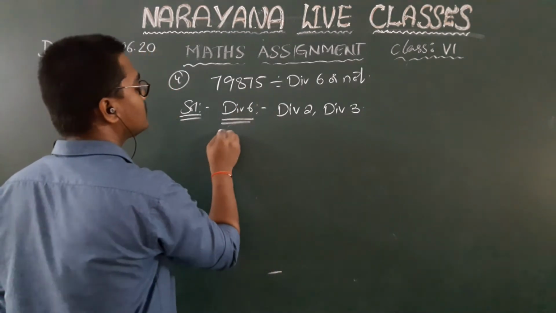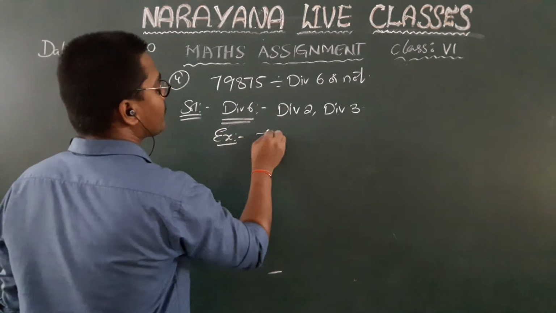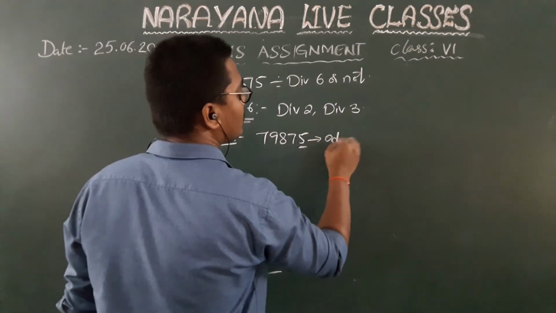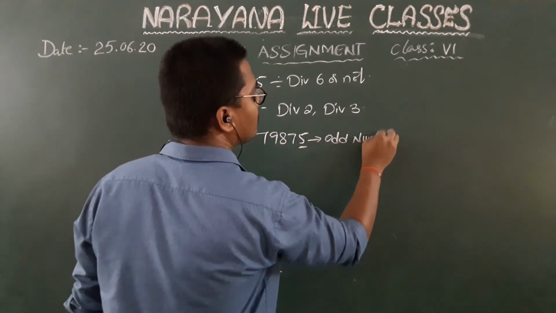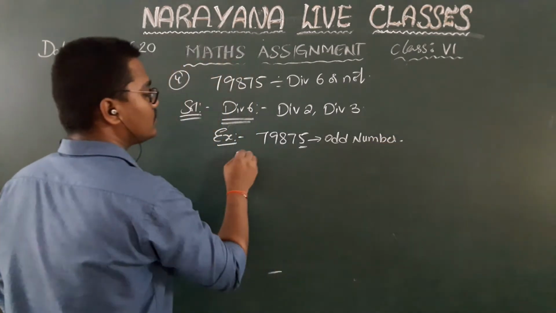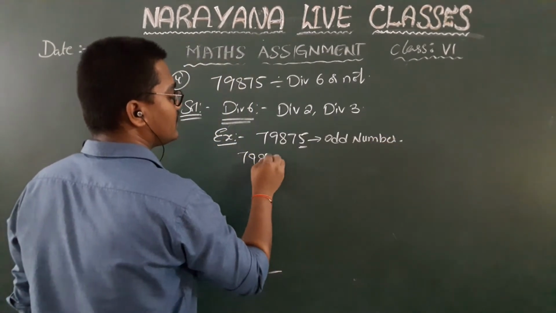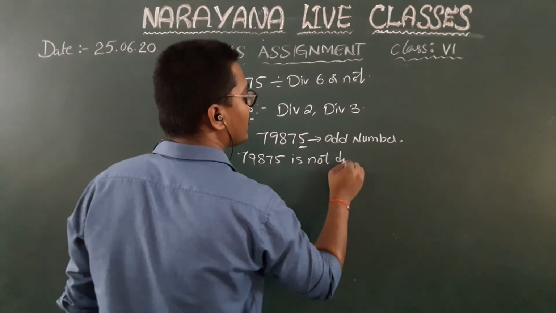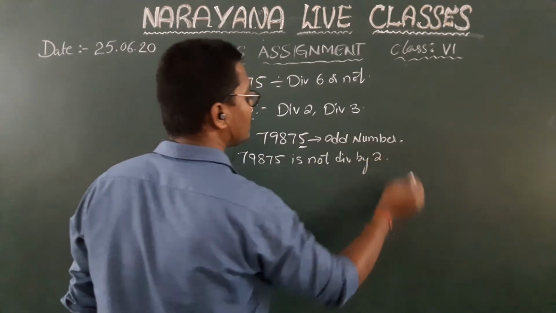Now, when you consider this number, 79,875, the last digit is an odd number, children. You can see an odd number over here, right? So the given number, 79,875, is not divisible by 2.